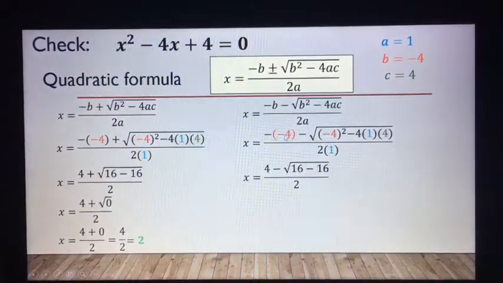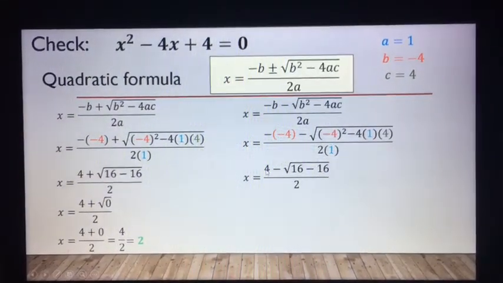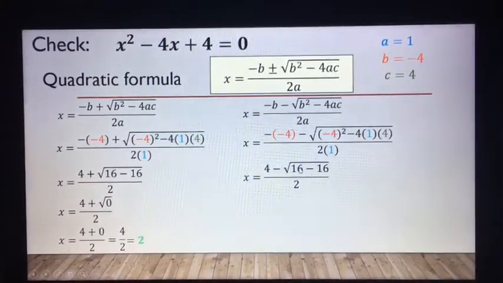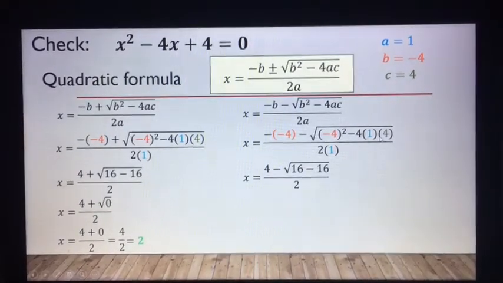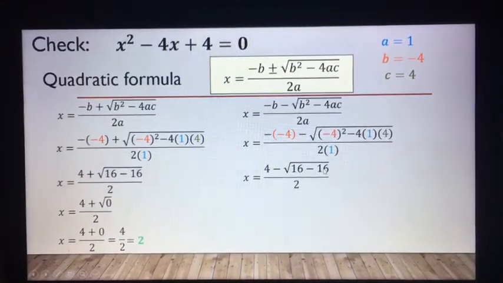So, negative times negative is positive. Copy natin yung 4. Copy natin yung minus dito. Square root of, solve natin ito, negative 4 times negative 4, that is 16 minus 4 times 1 times 4, or minus 4 times 1 times 4 is 16. Kinapi natin yung minus dito.